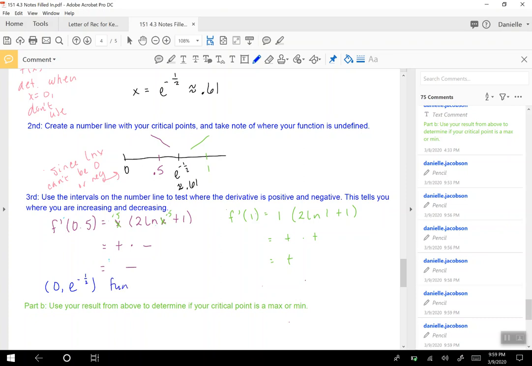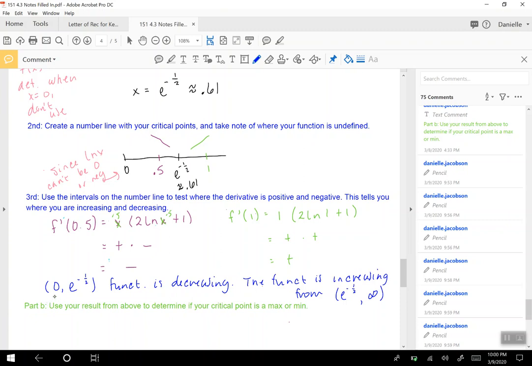Looking at the other part, since my derivative is positive, I can say the function is increasing from e to the negative 1/2 to infinity.